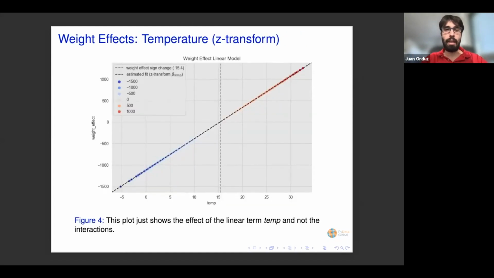Actually, the weight effects can also be interesting to understand interactions. But before going into an interaction example, let us go into a specific plot where we have just one feature. Here we can plot the weight effect of the temperature as a function of the temperature. It's no surprise that this is a straight line, because this is just the linear component, and the color here denotes the weight effect.